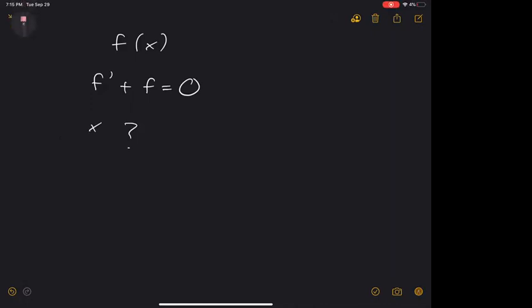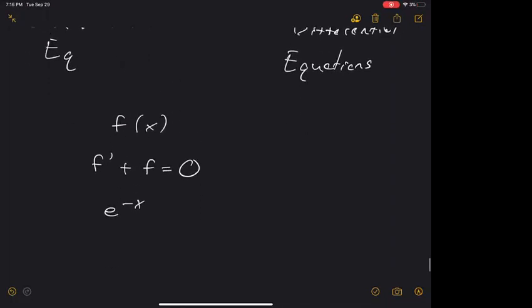This f would be e to the negative x, and then f prime would be negative e to the negative x. And yes, that is true. So e to the negative x is one solution to my differential equation. That's kind of what ODEs is.